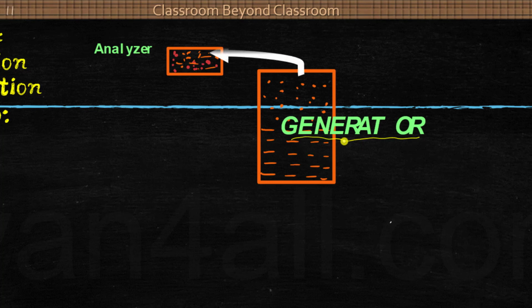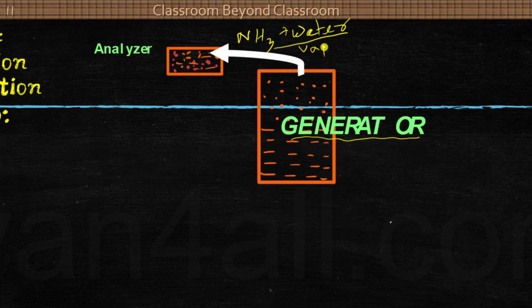This ammonia vapor will go to a component called the analyzer, and this analyzer will absorb the water vapor if present with the ammonia vapor. Sometimes the ammonia vapor may contain some water vapor as well.